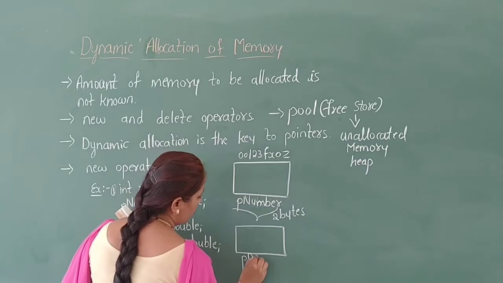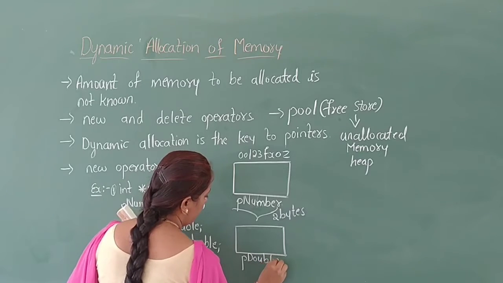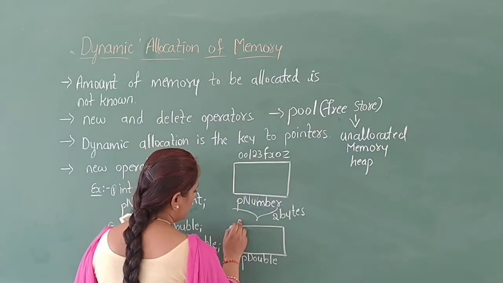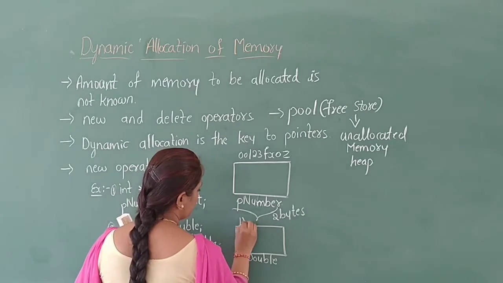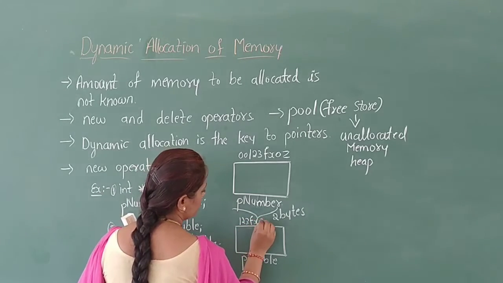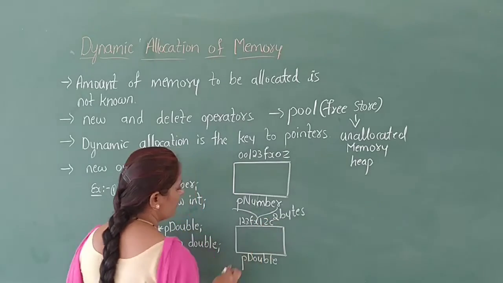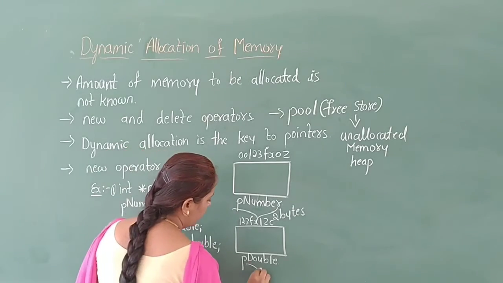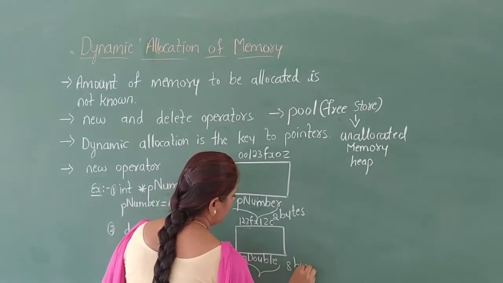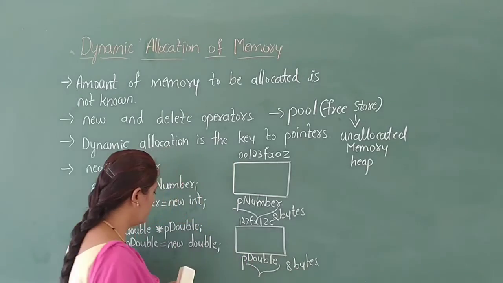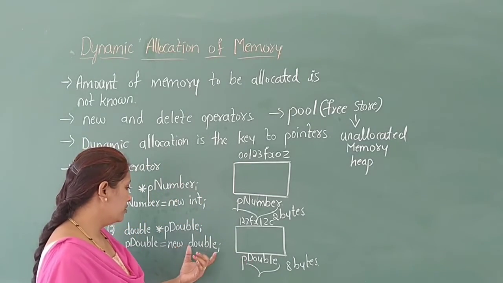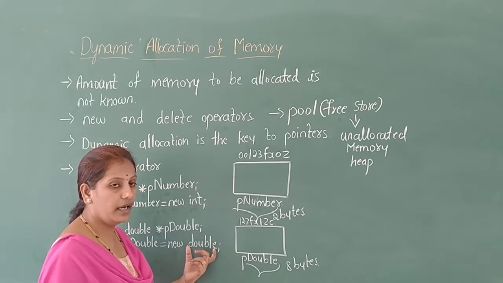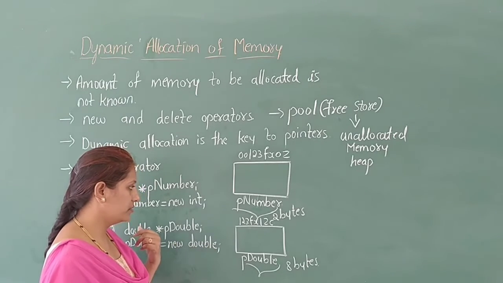It points to pdouble using the new operator and generates a random memory address internally by the system, and in total it allocates 8 bytes of memory for a double data type.